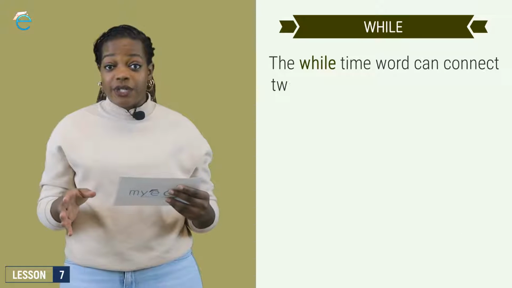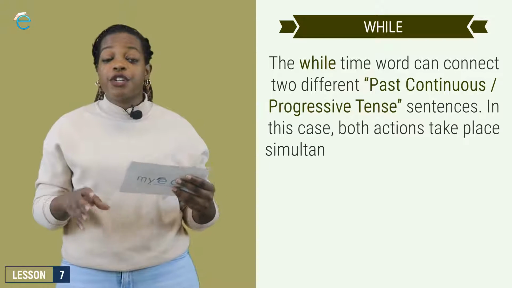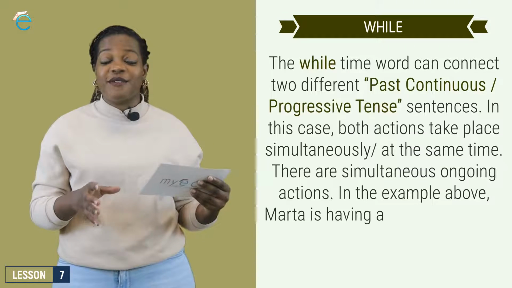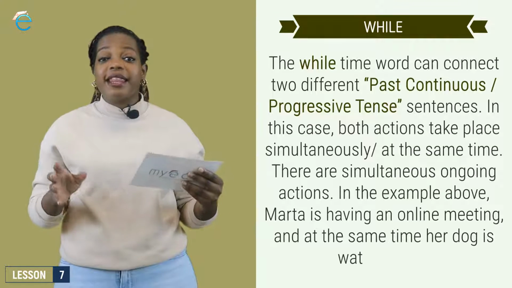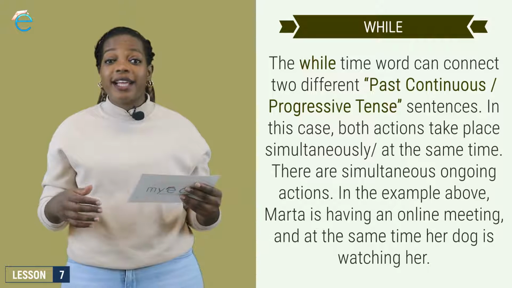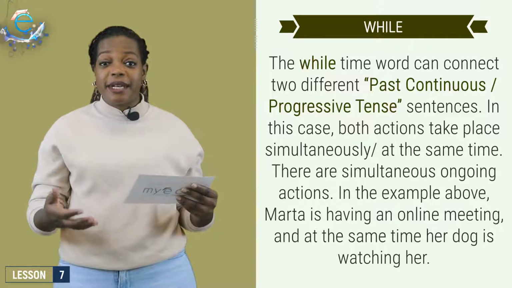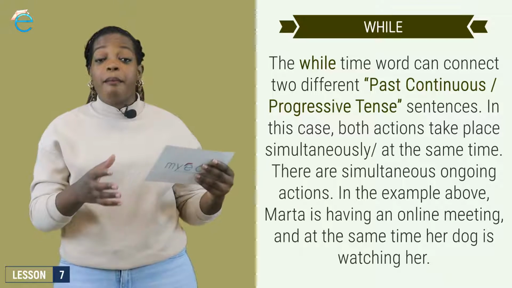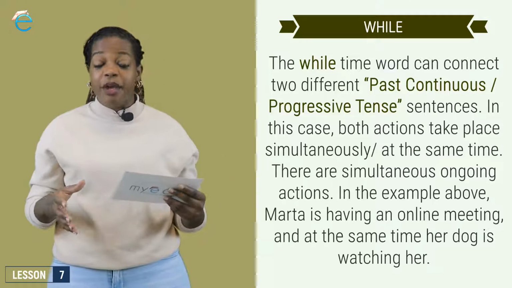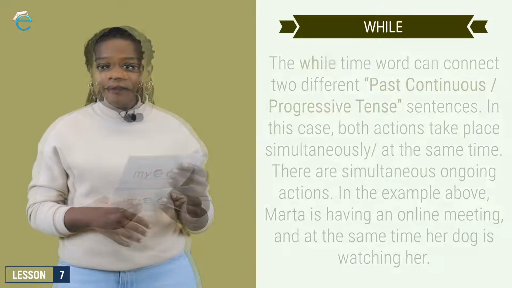This example shows us that the time word while can connect two different past continuous or past progressive sentences. These two sentences have actions that are occurring simultaneously or at the same time. So, Martha was having her meeting, and at the same time, her dog Lucy was looking at her.